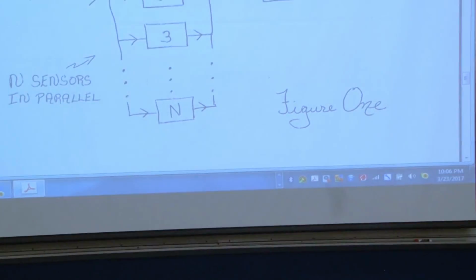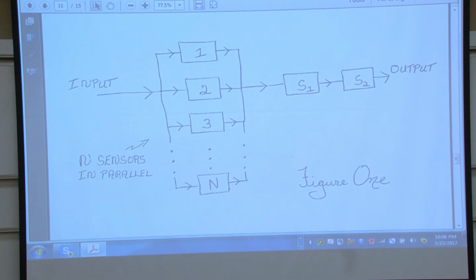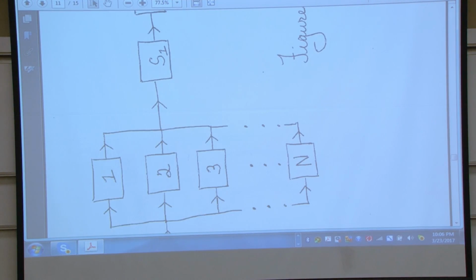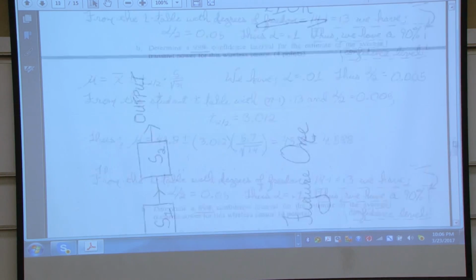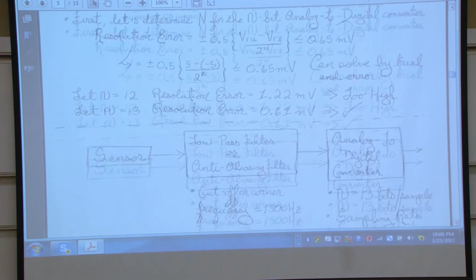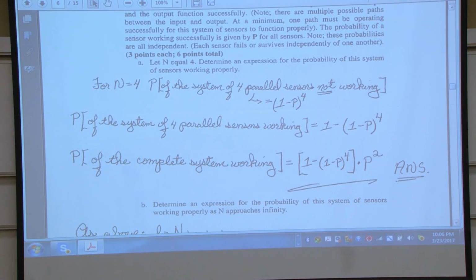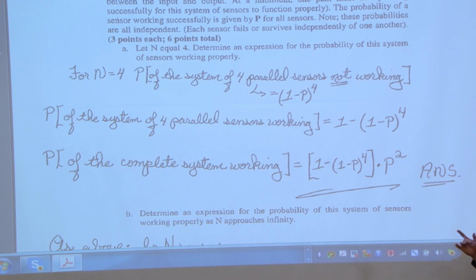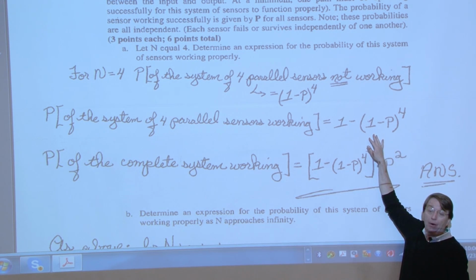Now that you've drawn the figure, let me rotate this back. I say let n equal 4 and figure out the probability of this system not working. What we had were 4 sensors in parallel.